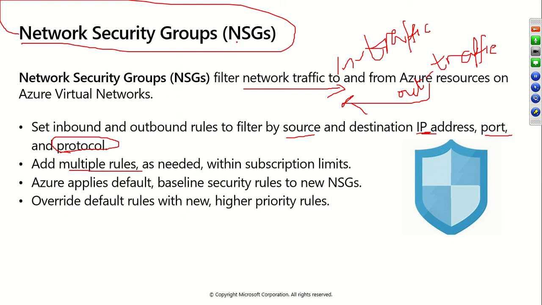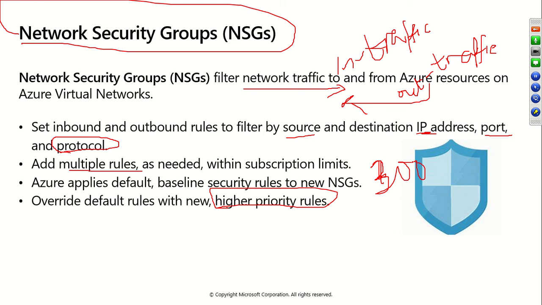So when we talk about the network security group, it uses what they call priority rules. Okay, what I mean by priority rules is that the lower the priority number, the higher the priority. Microsoft will start with about 300.